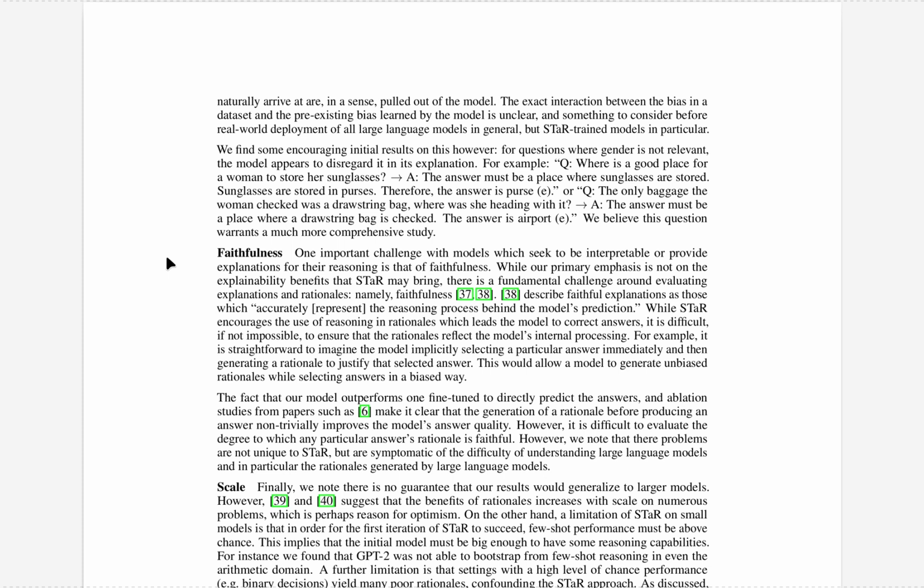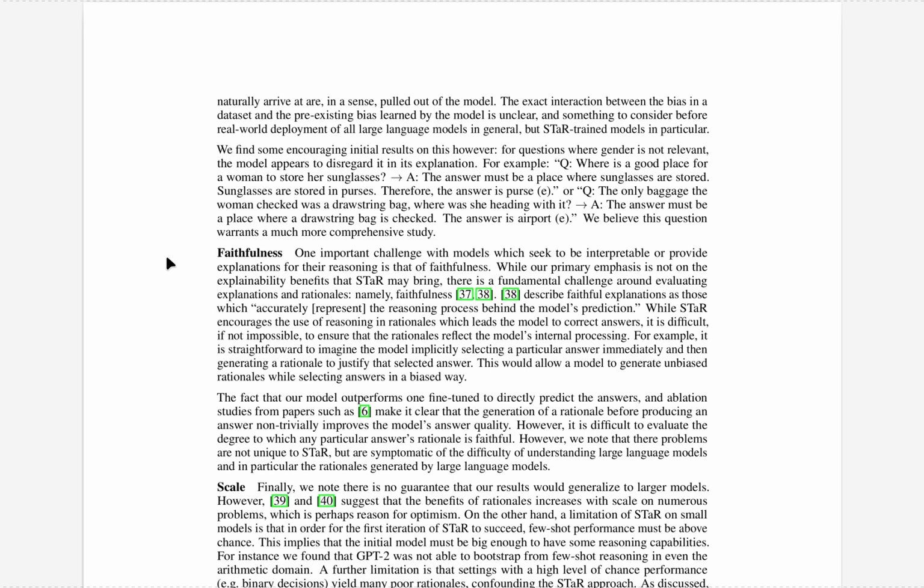However, for questions where gender is not relevant, the model appears to disregard it in its explanation. For example, question: where is a good place for a woman to store her sunglasses? Answer: the answer must be a place where the sunglasses are stored. Sunglasses are stored in purses, therefore the answer is E, purse.